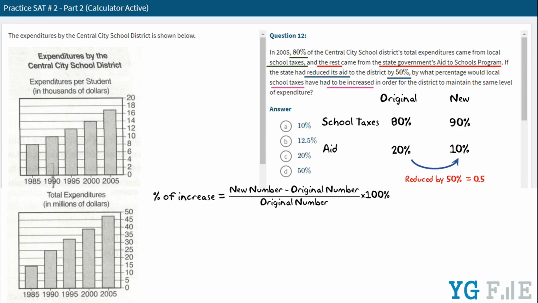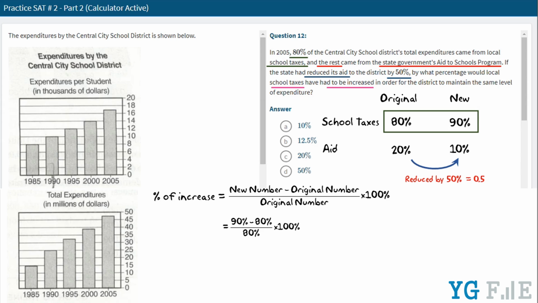Now we have the value of school taxes, the new value and the original value. Then we will use these two values to calculate the percent of increase. We just need to substitute these two values into our formula. So we have 90% minus 80% divided by 80% times 100%.